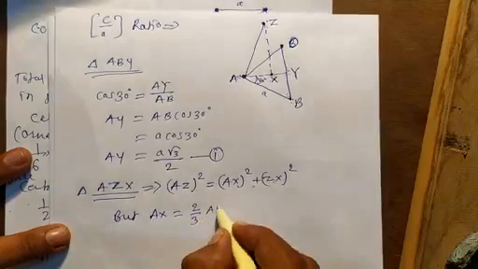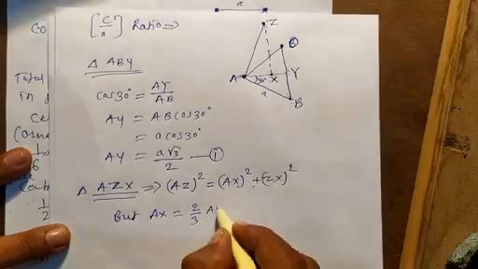We calculated AY as a root 3 by 2, so AX equals 2 by 3 into a root 3 by 2. The 2 cancels and the 3 cancels with the root 3, therefore AX equals a upon root 3.